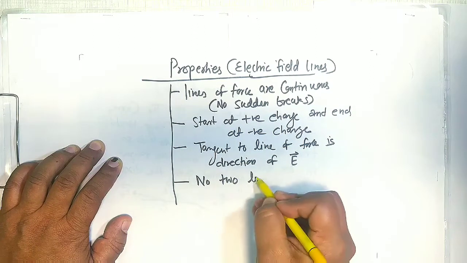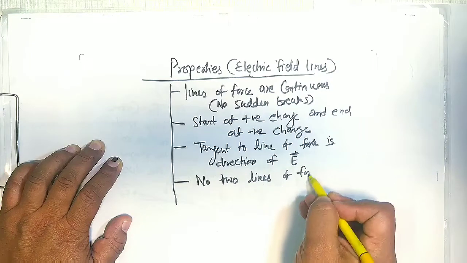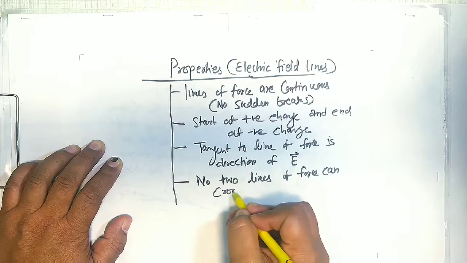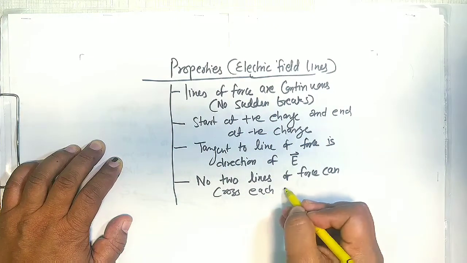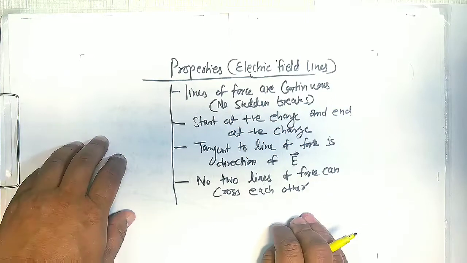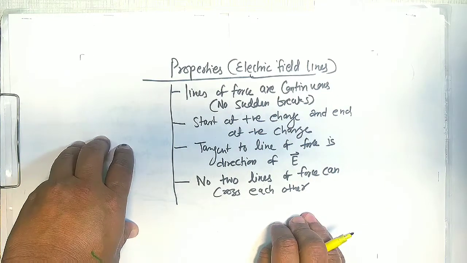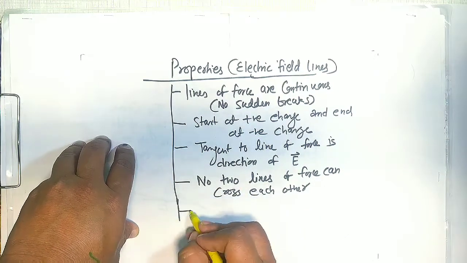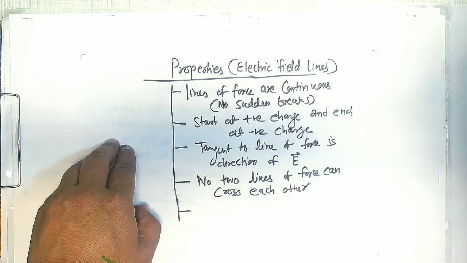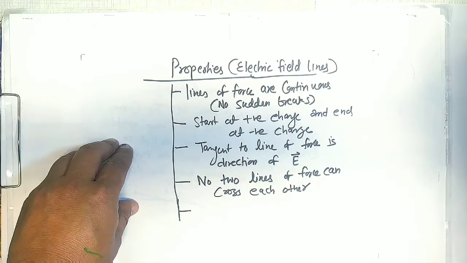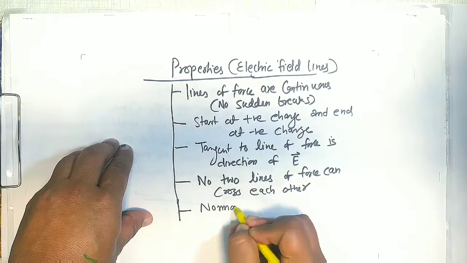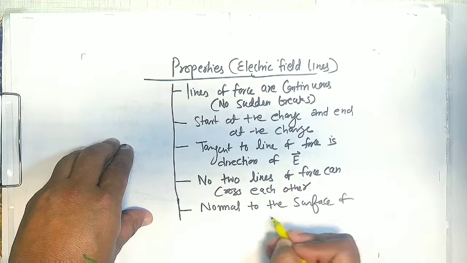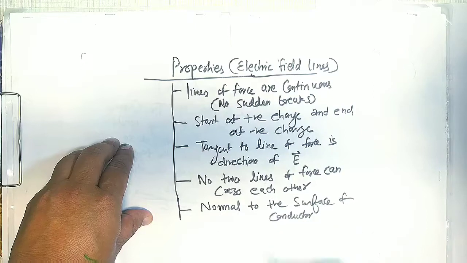Then there is a very important property: no two lines of force can cross each other. You remember, no two streamlines can cross each other. No two magnetic field lines can cross each other, because at a point where they cross there will be two directions, and that's not possible at a point as they are vector quantities. Then another property is that they are normal to the surface of a conductor.